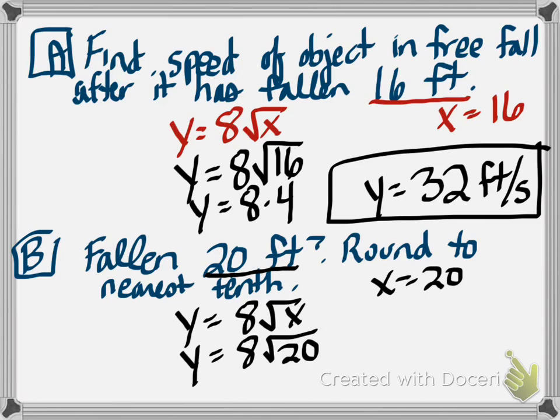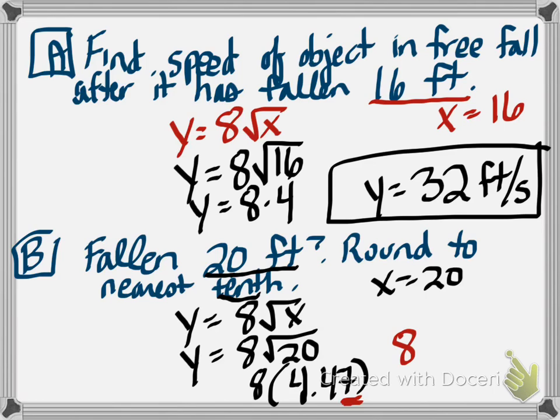to find the square root of 20, and that is 4.47, times 8. But it says to round to the nearest tenth, so that 4.47, because that's a 7, I round it up.